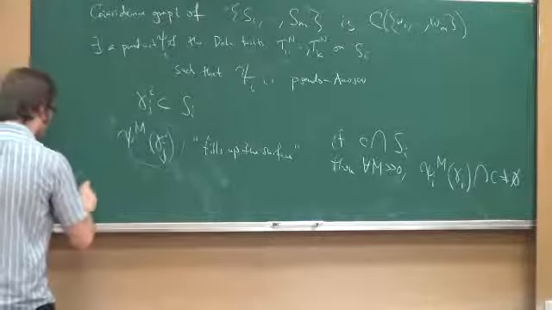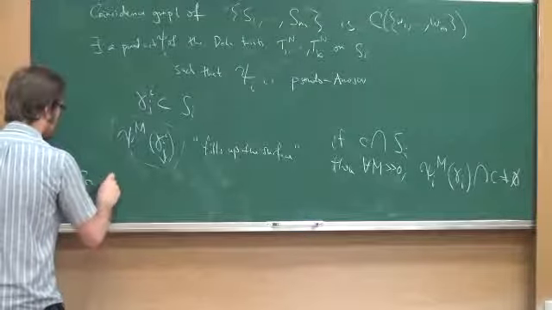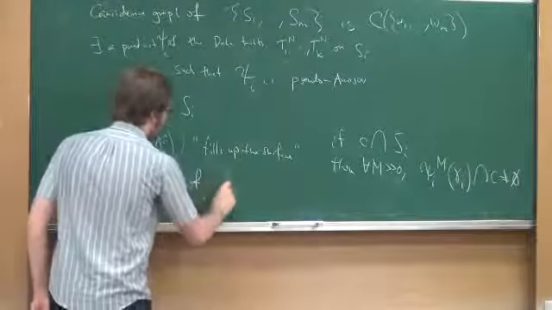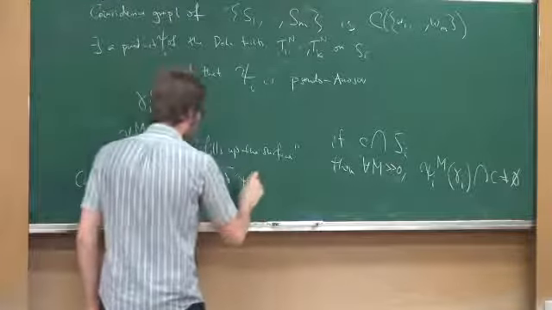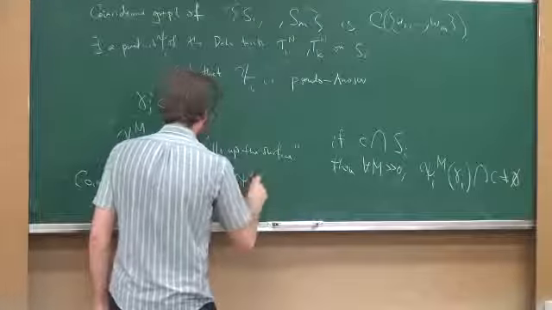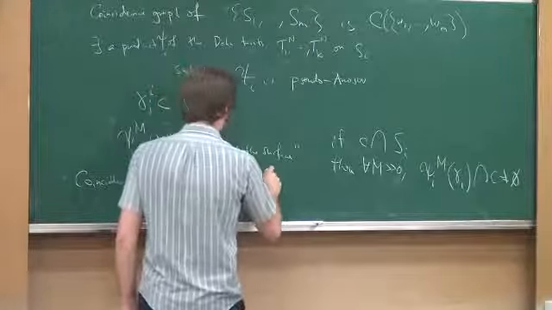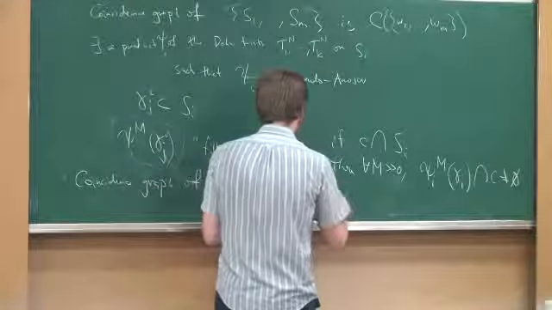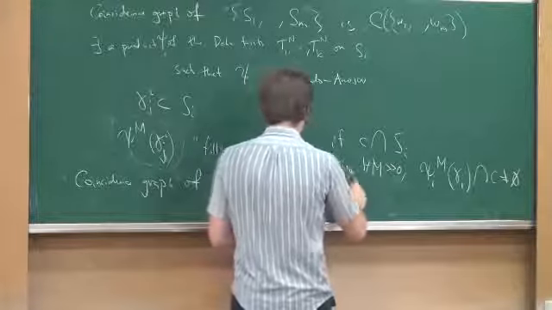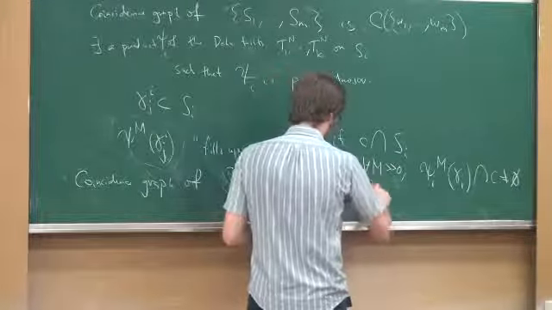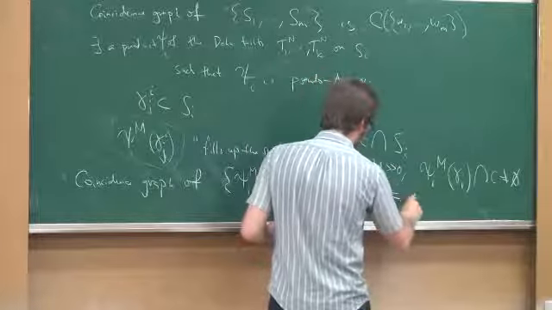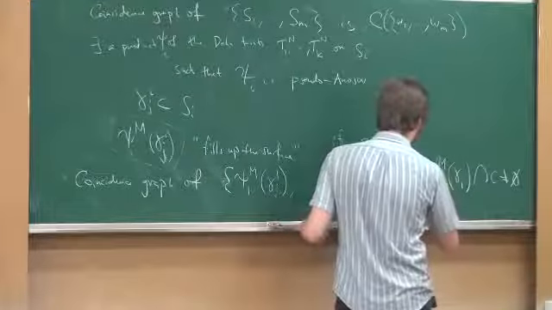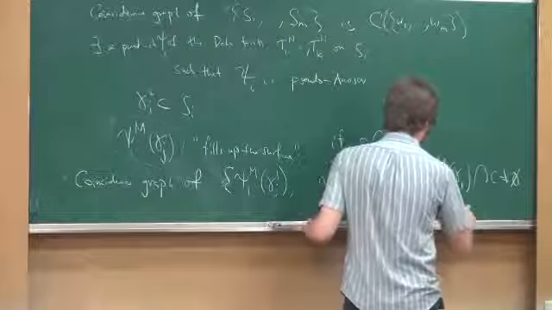And so then the coincidence graph of these curves, psi 1 to the m of gamma j1 all the way to psi little m to the big M of gamma j little m, is equal to the commutation graph of W1 to Wm.